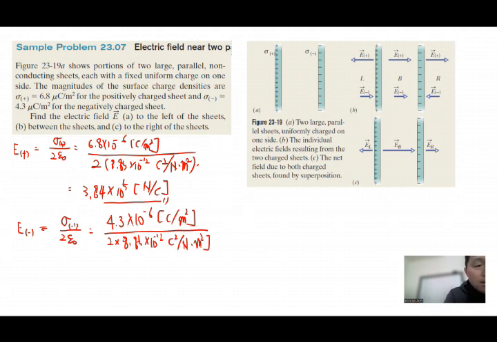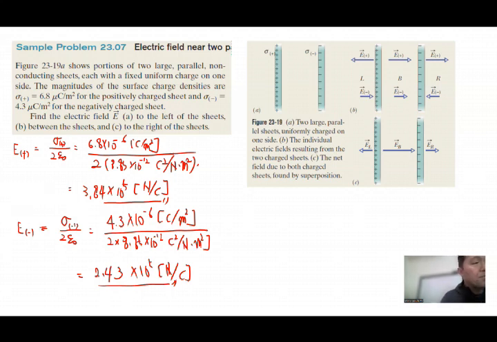That gives an electric field of 2.43 times 10 to the 5 Newton per coulomb. So that is the amount of electric field produced by those two plates.